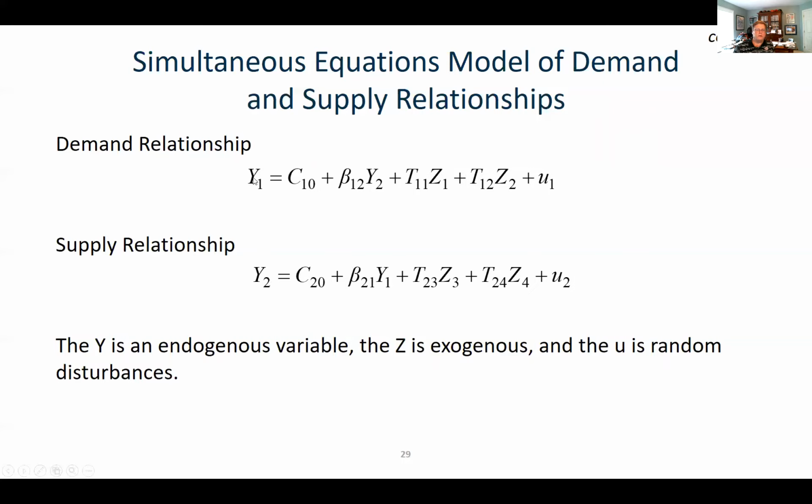And you'll get similar expressions two periods ahead, or in general, S periods ahead. So this allows you to measure the net effects of changes in exogenous variables on endogenous variables, in general, S time periods later.